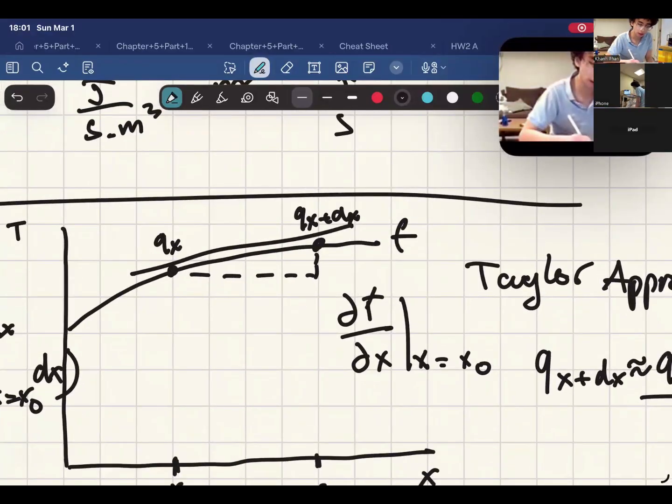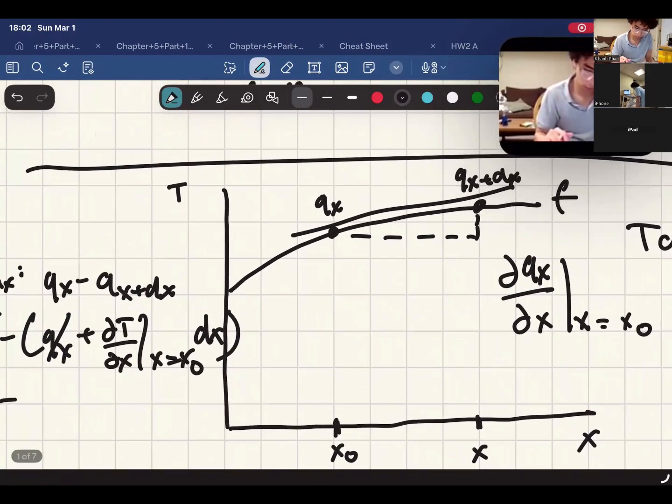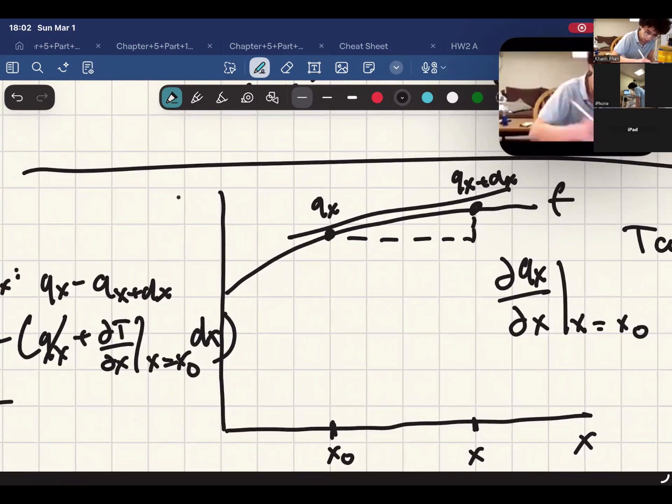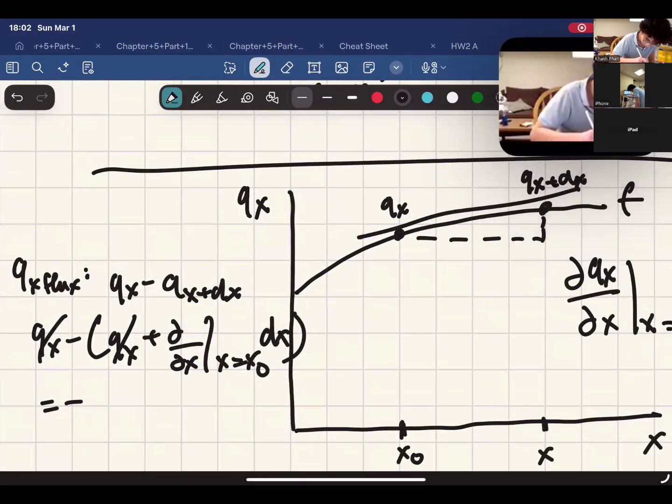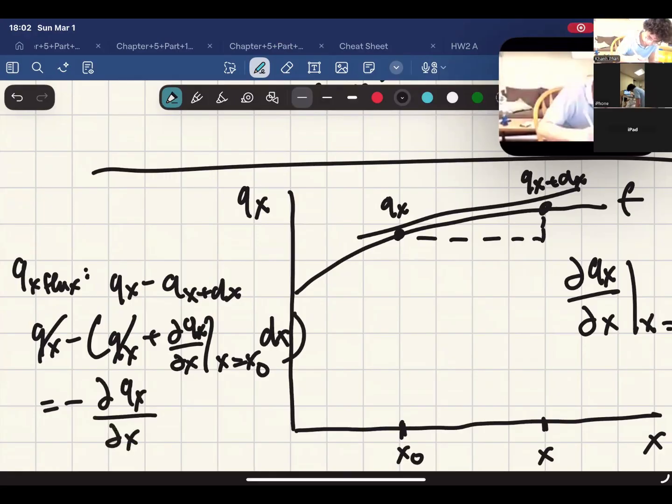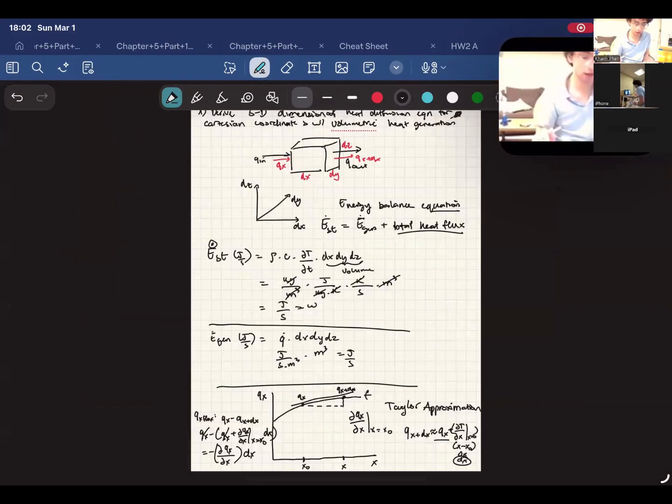Over here, this should have been dq x instead of dT, because we're talking about the change in the heat flow, not temperature. So this one is gonna be q x, not T. Sorry, I made a mistake. So over here it would be dqx over dx times the distance is what we have for flux.